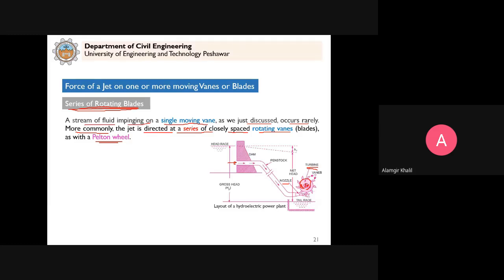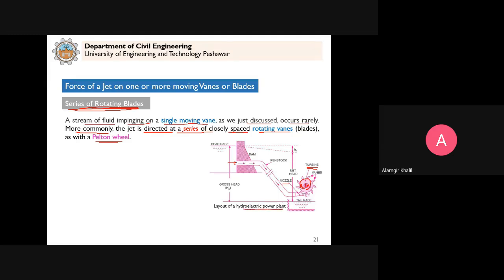This is due to the impulse of the water, which is why it is known as an impulse turbine. Then we have a generator, which converts that mechanical energy into electrical energy. This is what happens in a hydroelectric power plant.